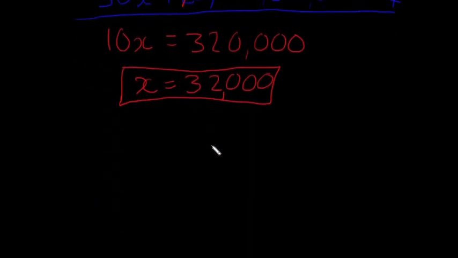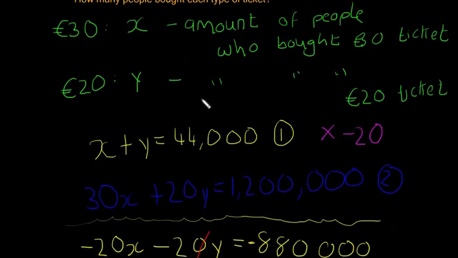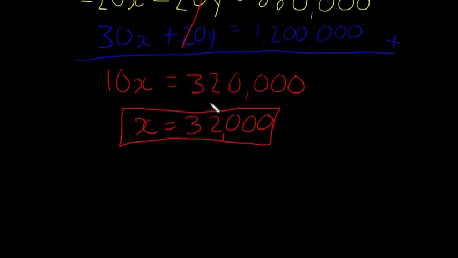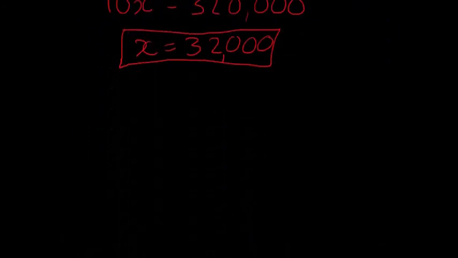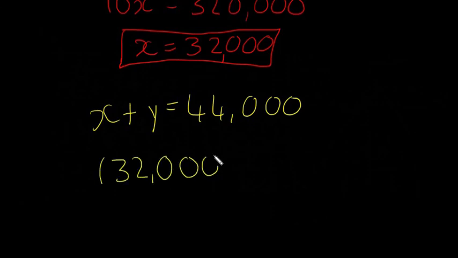And then that means we're going to have to sub this x is equal to 32,000 back into one of the original equations. We're going to pick the first one because it's going to be the easiest one. We're going to have x plus y is equal to 44,000, and that means that 32,000 plus y is equal to 44,000.